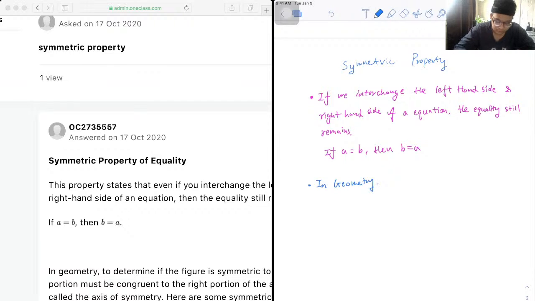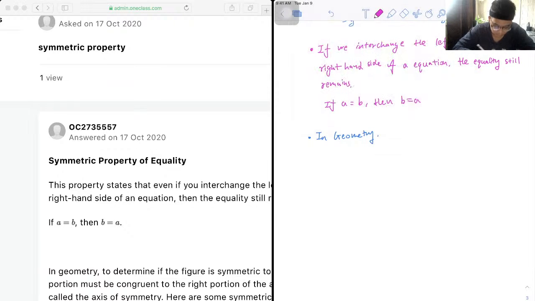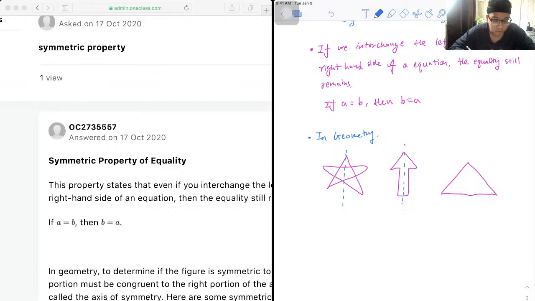Here are some symmetric figures, let's say the star, and also the arrow, and the triangle. And the broken line, which I colored blue, is the axis of symmetry.